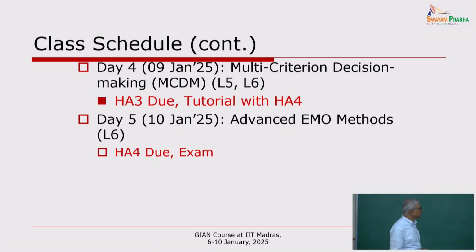And then day 4 it will be decision making, okay, and maybe some part of advanced will come also there. And then HA3 will be due and HA4 will be given. And then day 5 will be the last day. We'll do advanced methods, followed up by some nice visualization methods that Dr. Ramu and Dipanshu are going to present. And then HA4 will be due. So there are no other assignments on the last day, rather we'll have a little exam, okay.